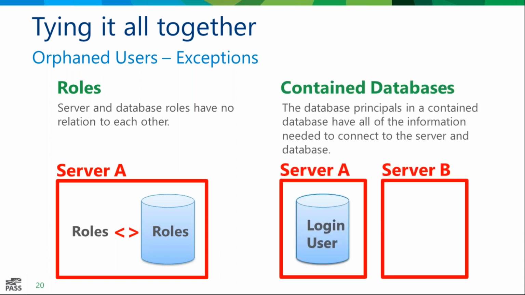The other exception is contained databases. This was Microsoft's solution to the orphan user problem. All of the information you need to connect to the database, the password, everything else, is contained within the database. So when you copy it from one server to another, it goes with.